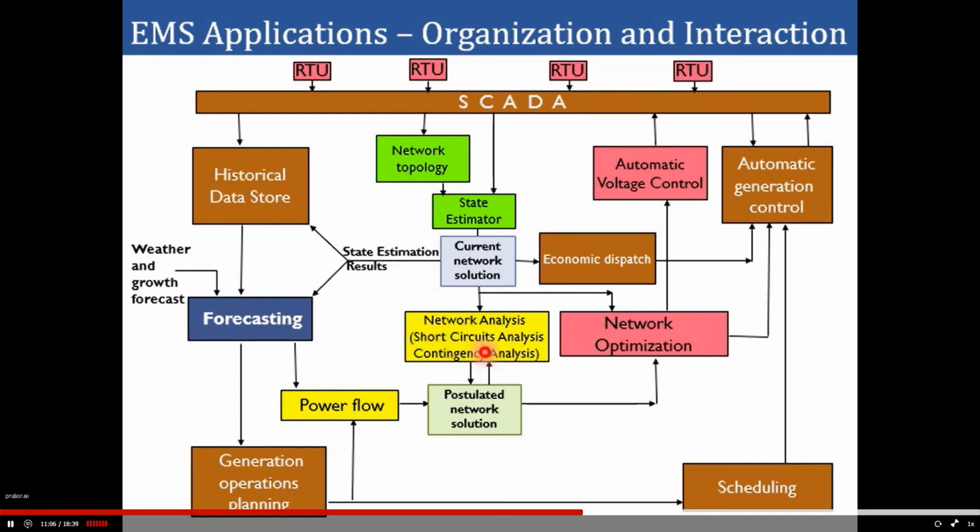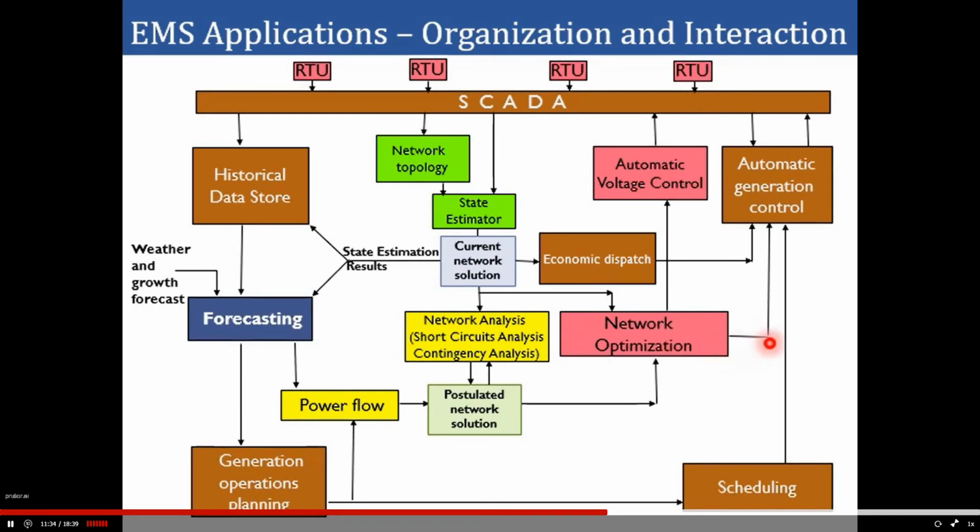So we will prepare ourselves for those contingencies for continuous operation of the power system network, and based on those inputs, that is the postulated network solution as well as the current network solution, we will try to optimize the power system network in terms of enhancing the security level of the system.